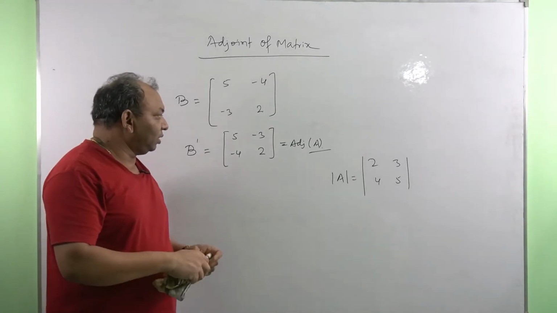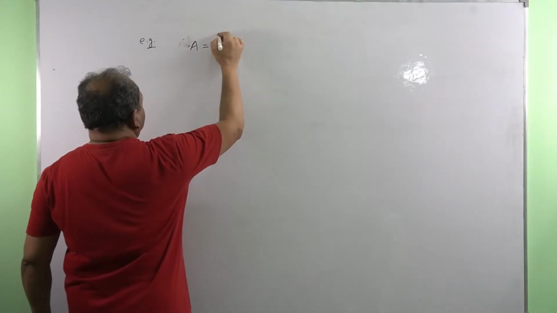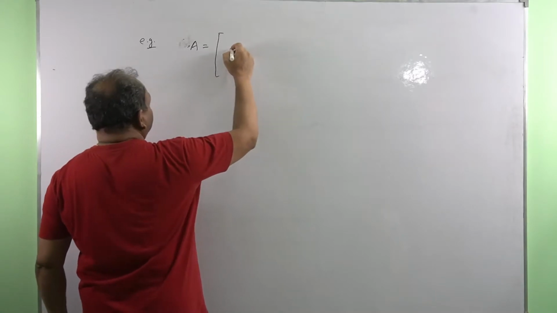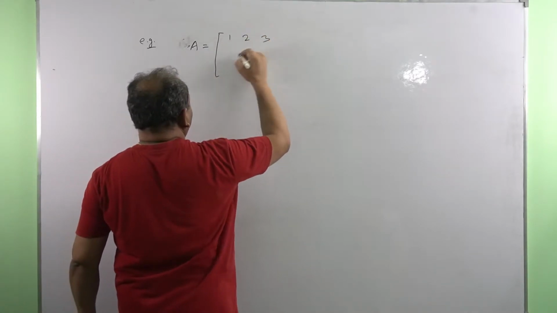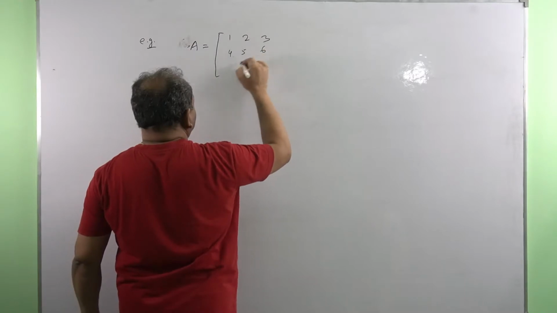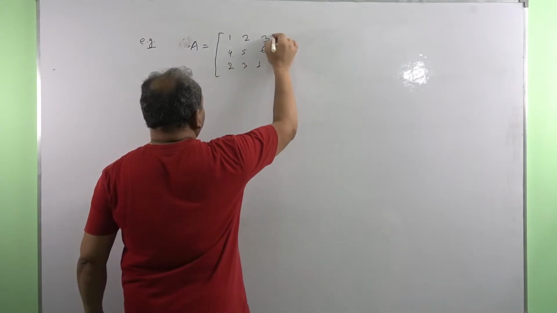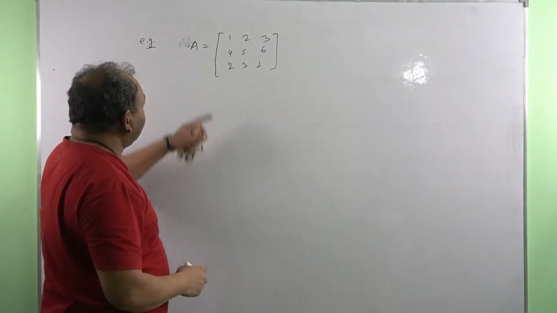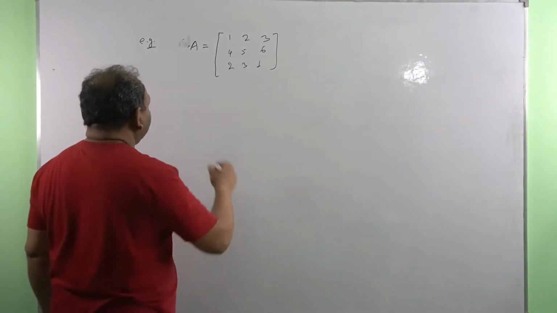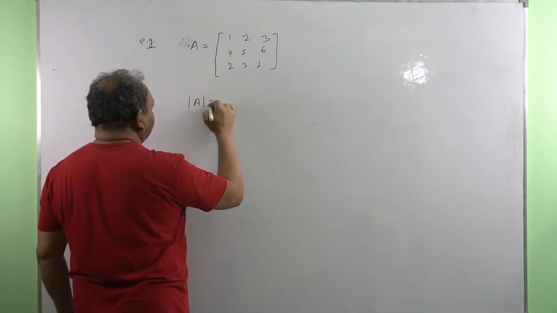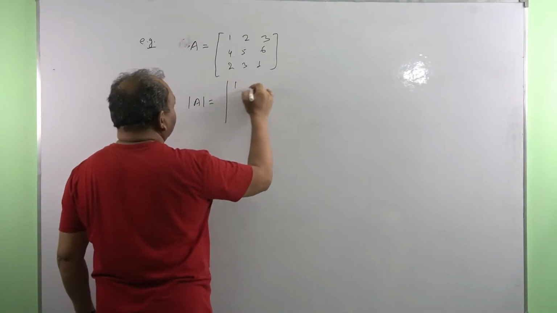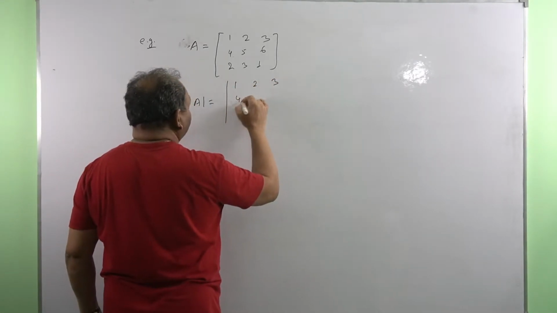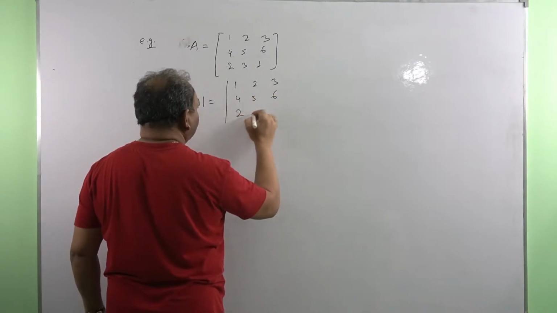Let's take an example of third order. Matrix A is equal to 1, 2, 3, 4, 5, 6, 2, 3, 1. We have to find adjoint of this matrix. So first of all, take determinant of the matrix 1, 2, 3, 4, 5, 6, 2, 3, 1.